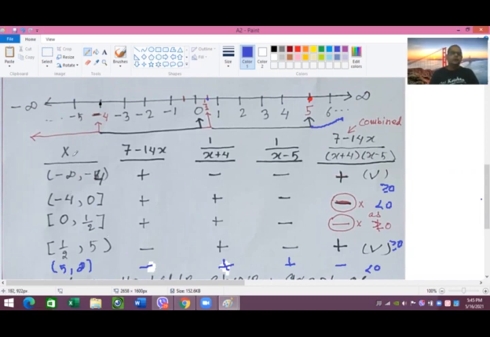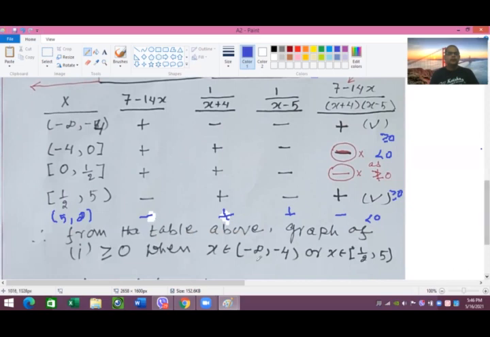So the range of values of x, the domain that we have to select, where the final term is positive, is from negative infinity to negative 4, and from 1 by 2 to 5. And those are the only solutions.